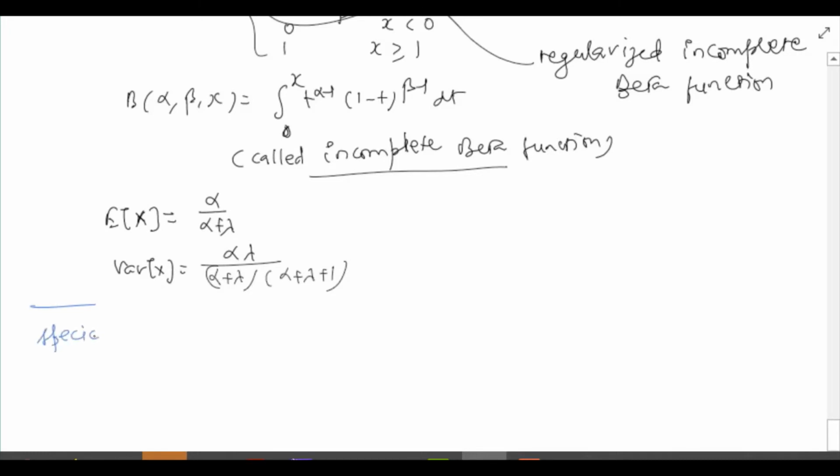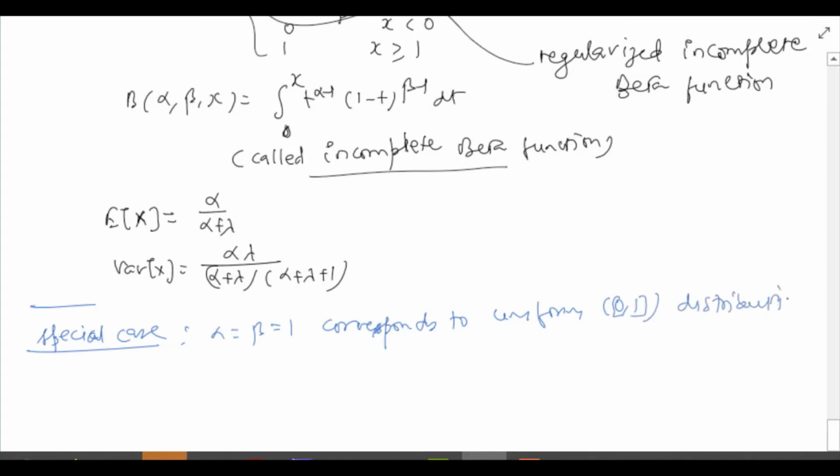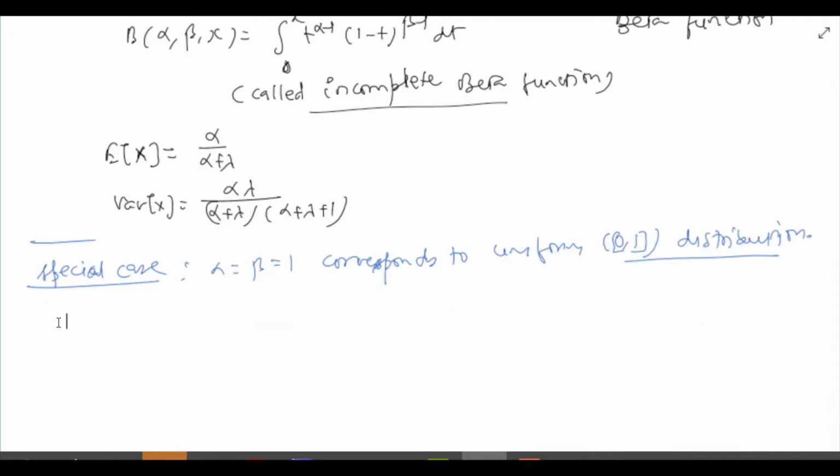That is the special case of beta distribution when alpha as well as beta both are 1. This corresponds to uniform (0, 1) distribution. So these were a few facts about beta distribution.